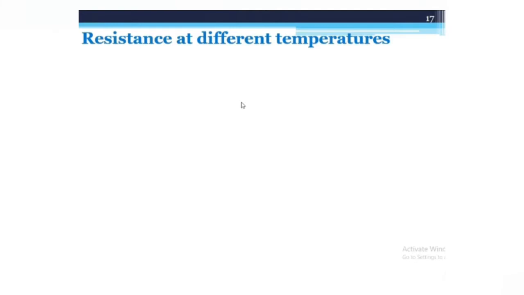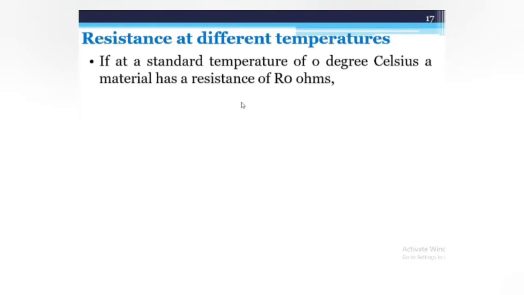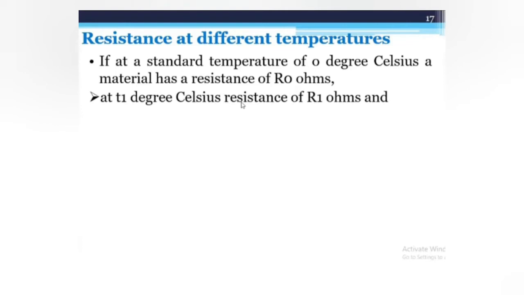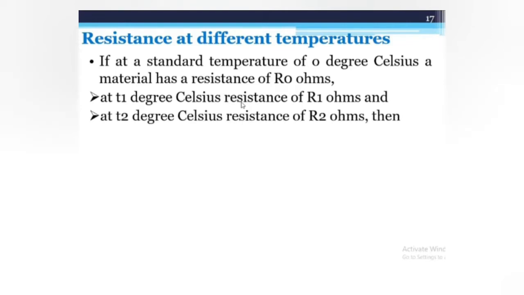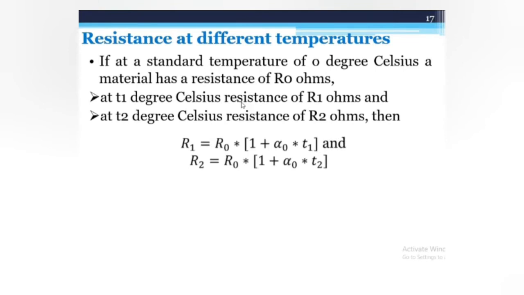Now the next topic is resistance at different temperatures. If at a standard temperature of 0 degrees Celsius a material has a resistance of R0 ohms, at T1 degrees Celsius the resistance is R1 ohms and at T2 degrees Celsius it is R2 ohms, then R1 equals R0 into 1 plus alpha 0 T1 and R2 equals R0 into 1 plus alpha 0 T2.